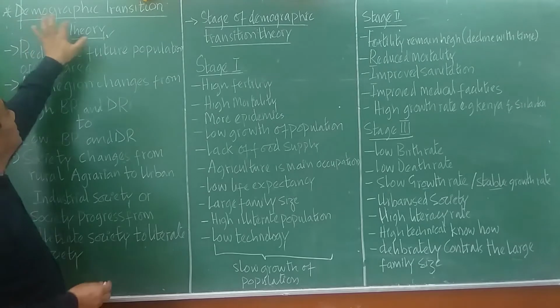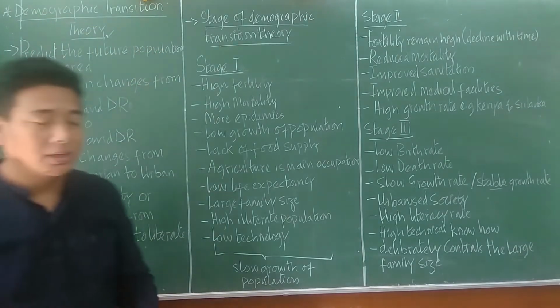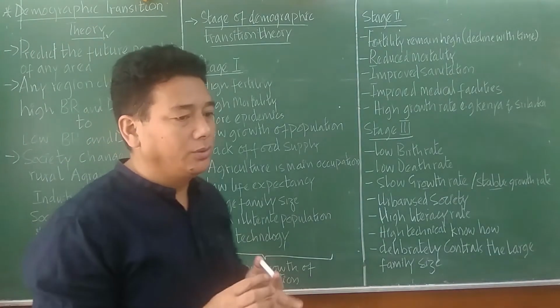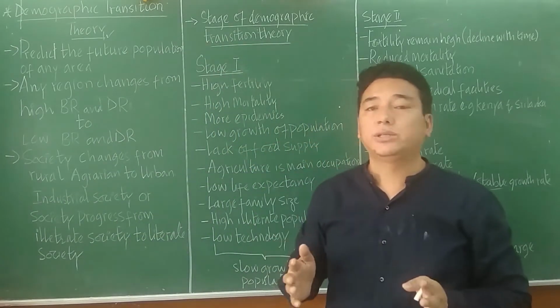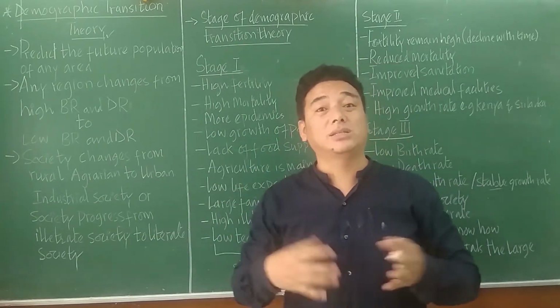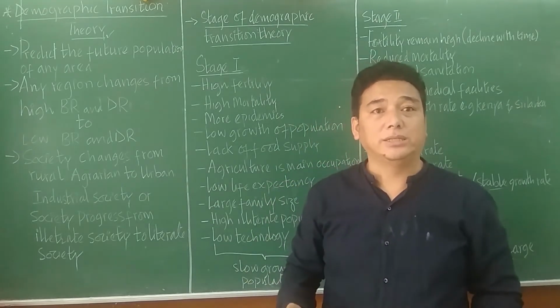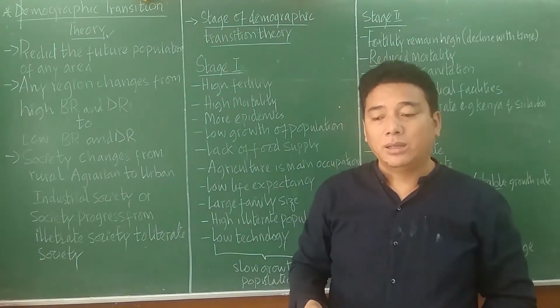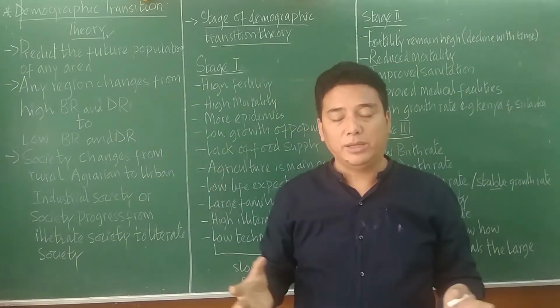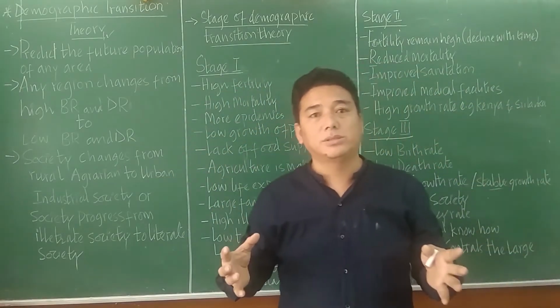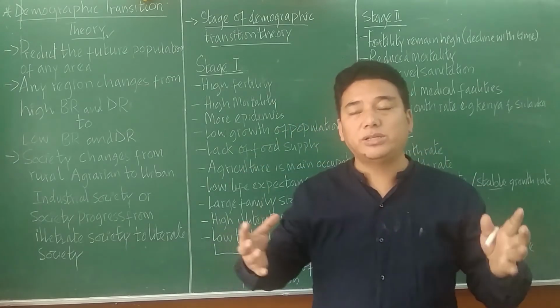And what is this demographic transition theory? This theory will tell you how the society changes, how the transition takes place in the society. Is that clear? That transition will take place through different processes and different stages.